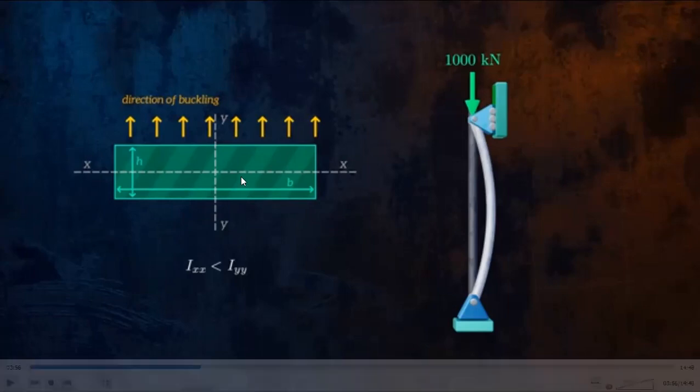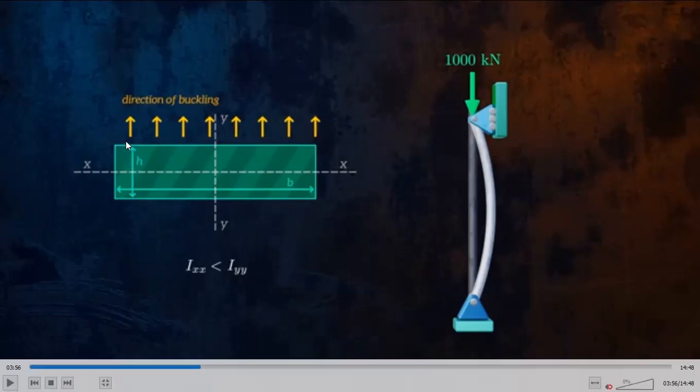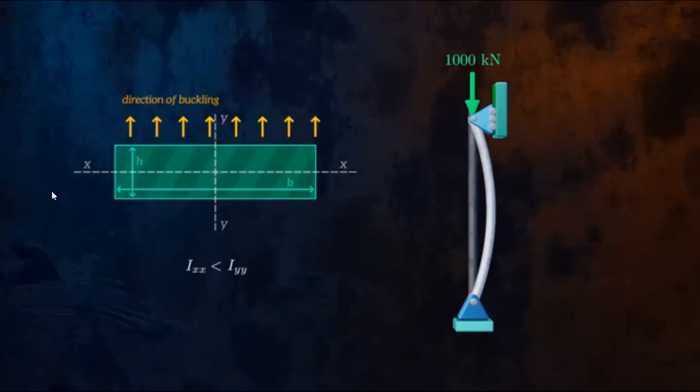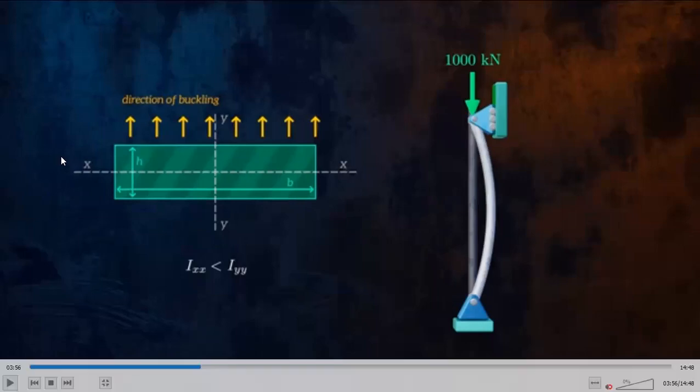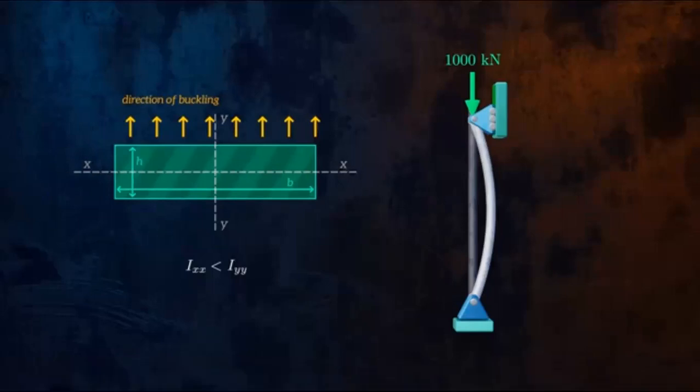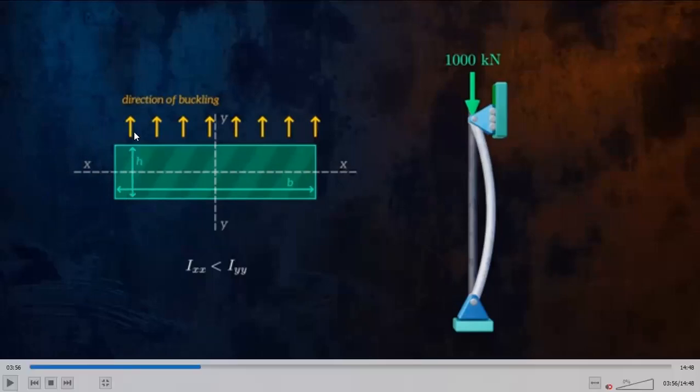In that video I told you that for Ixx, the cube will always be set to the length which is cut by the axis.